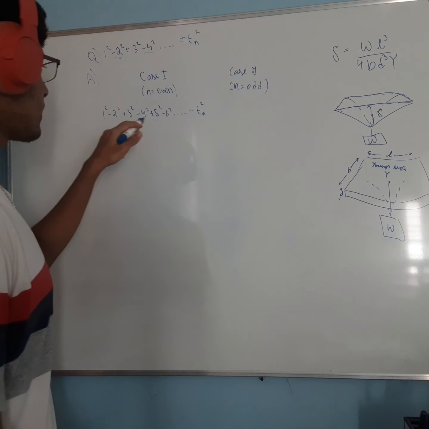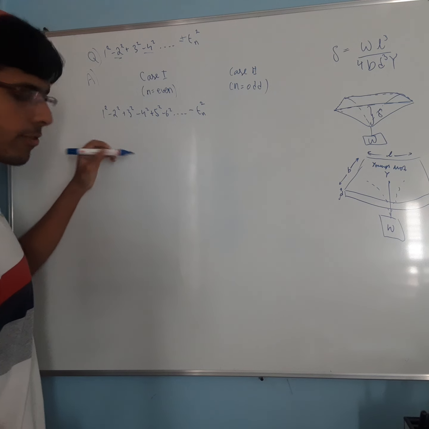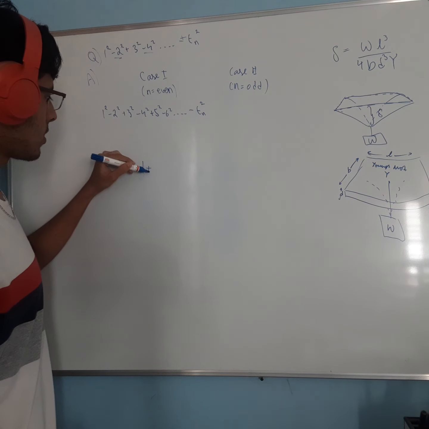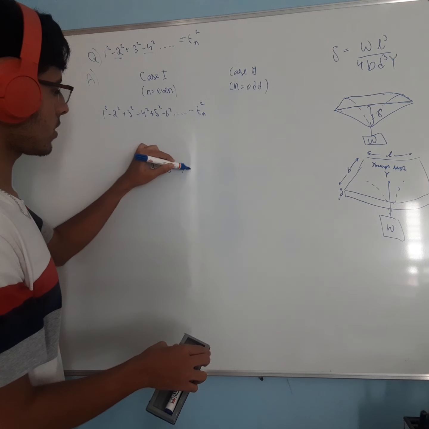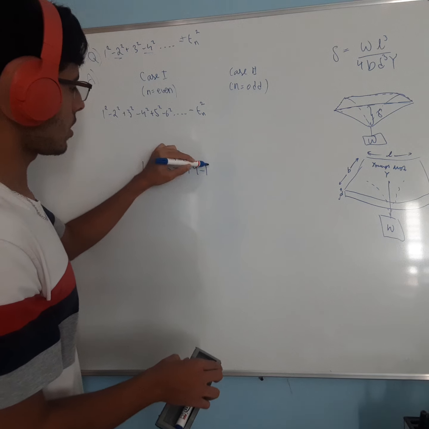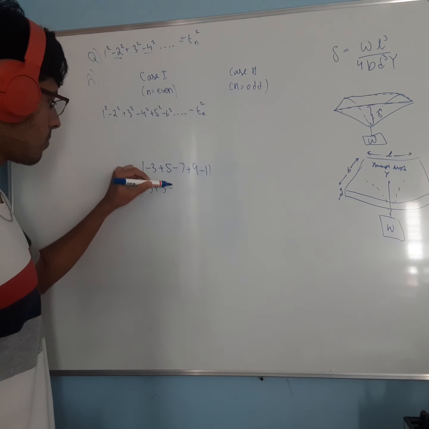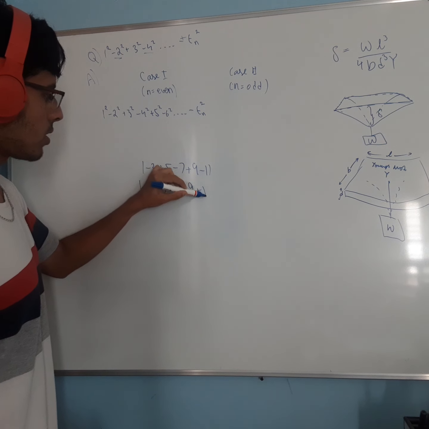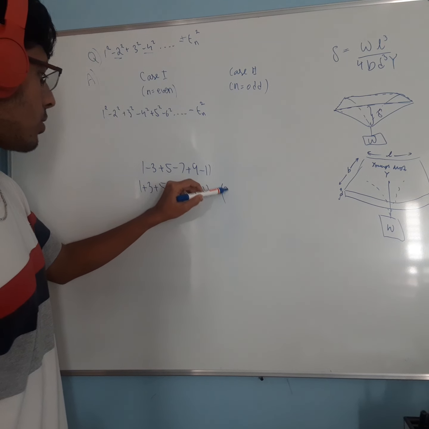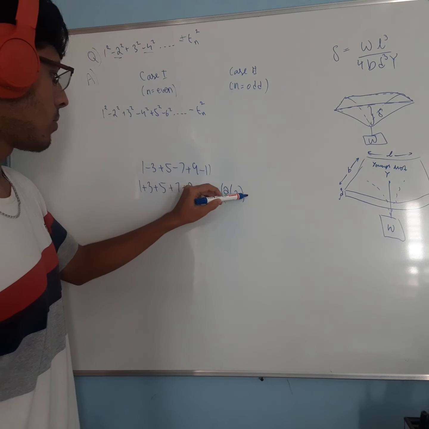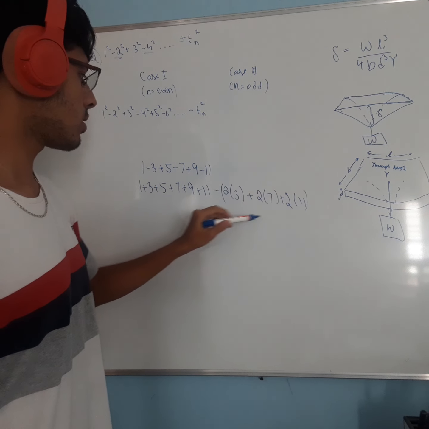And this, as it is, is kind of complicated. So, for example, if I have 1 minus 3 plus 5 minus 7 plus 9 minus 11, I can write this as 1 plus 3 plus 5 plus 7 plus 9 plus 11 and subtract 2 times 3 plus 2 times 7 plus 2 times 11.